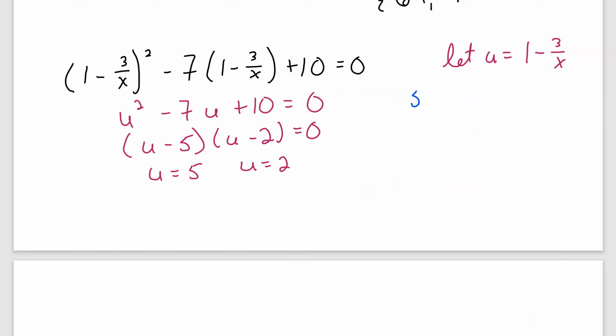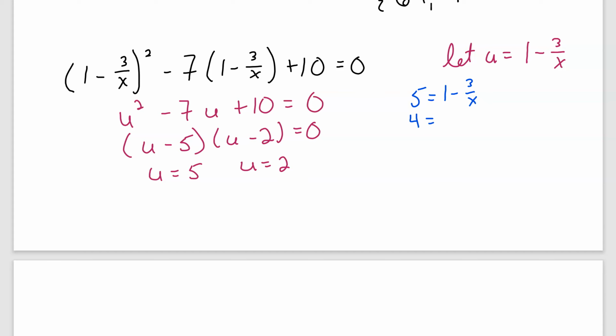So I'm going to have 5 is equal to 1 minus 3 over x, and so I'm going to subtract a 1 from both sides.